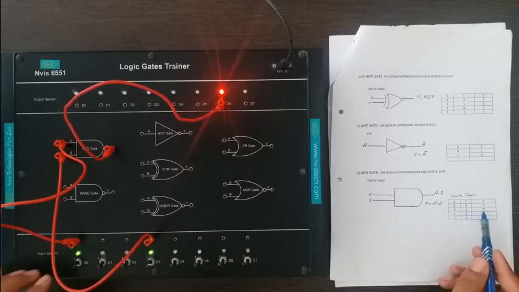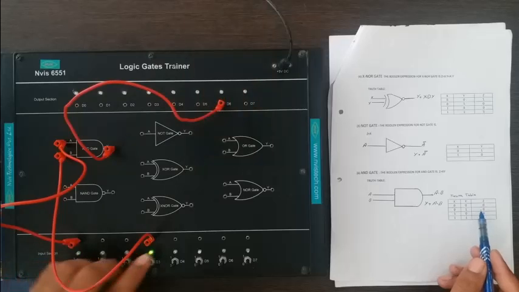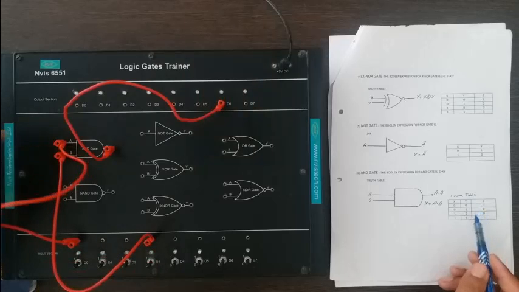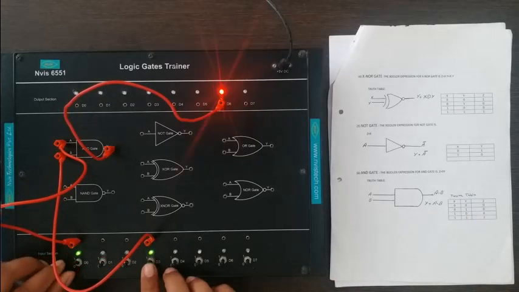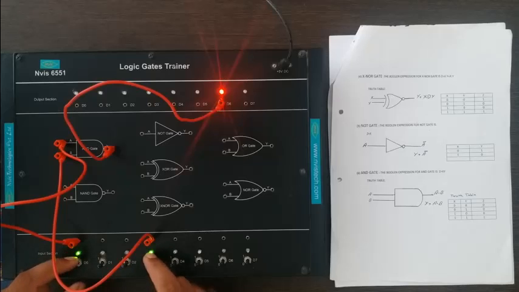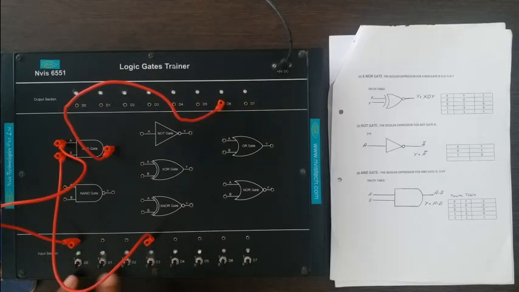For 0 0, what should be the output? For AND gate, your output should be 0. First 0 and 0: here is 0 and here is also 0. How can you know? Here your LED is not glowing.